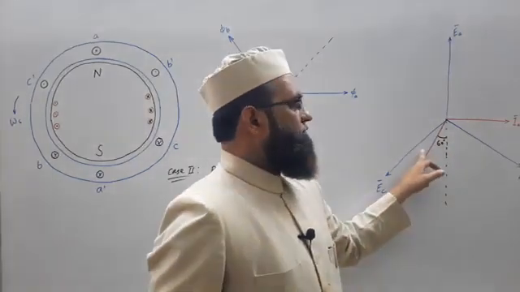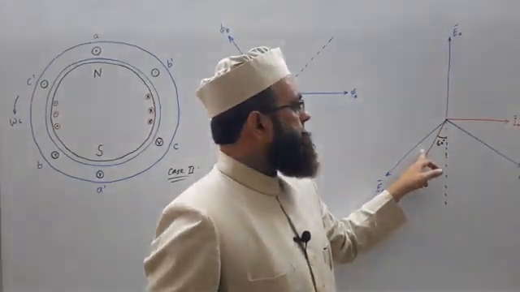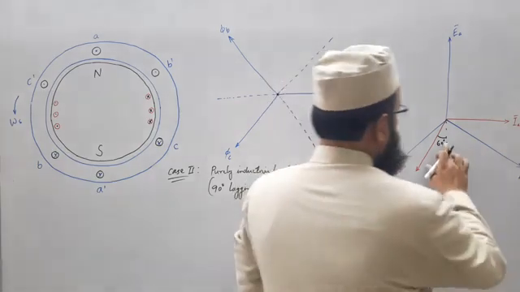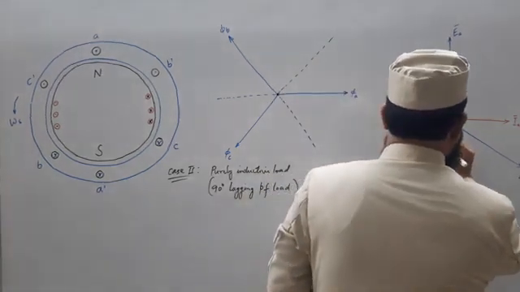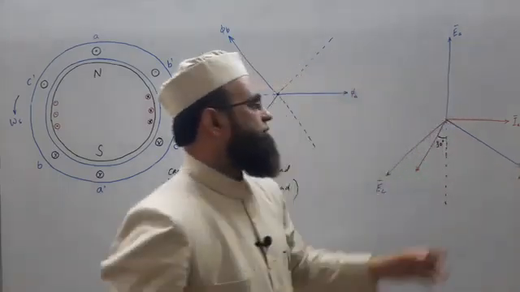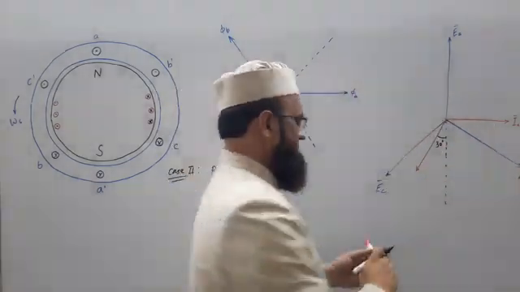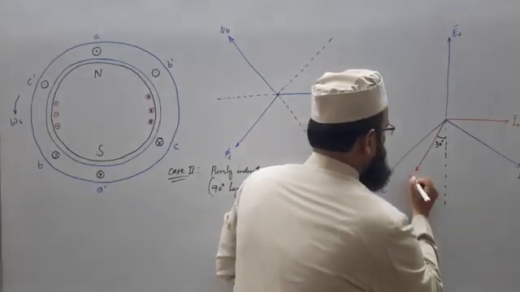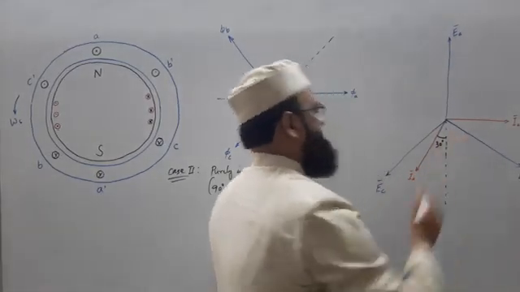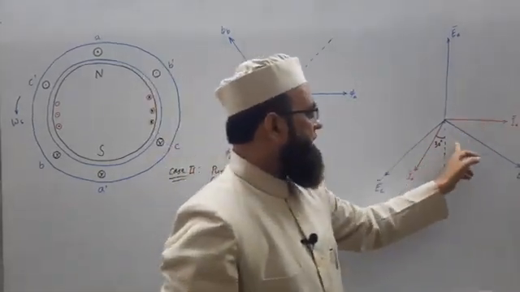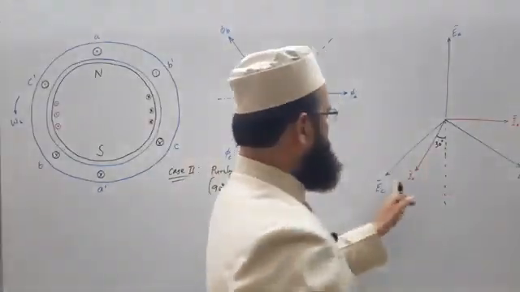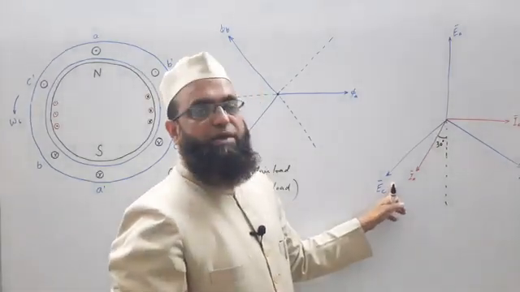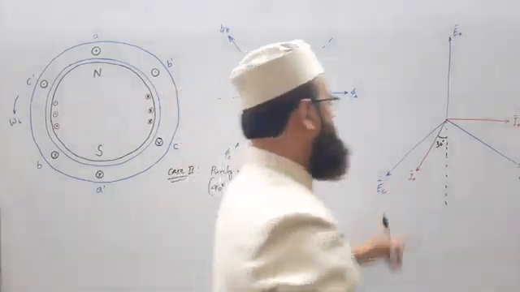This plus this is 120. No, not 60, 30. Check it. Phase displacement between IA and IB will be 120 degrees. Whatever it is coming out to be, just mark it here. So this is 90 plus 30, 120 degrees apart. What about IC? Lagging EC by 120 degrees.